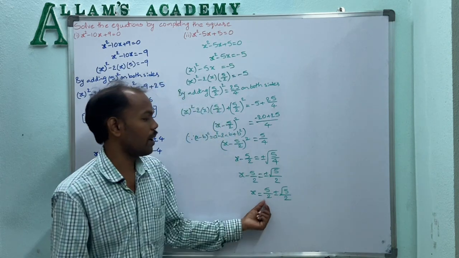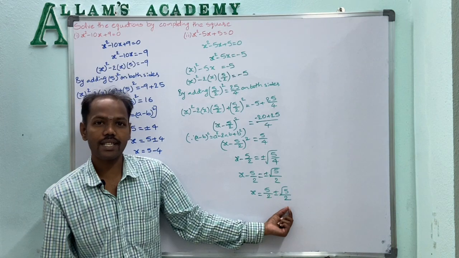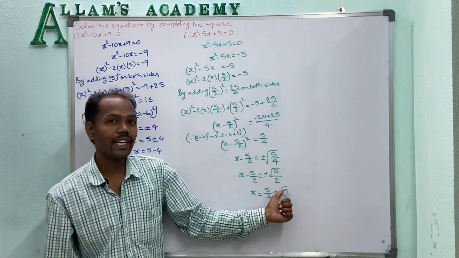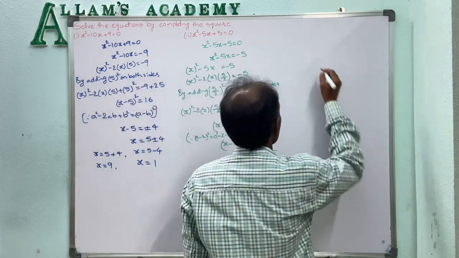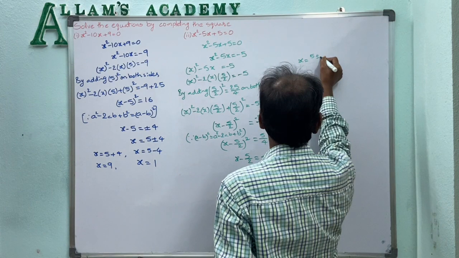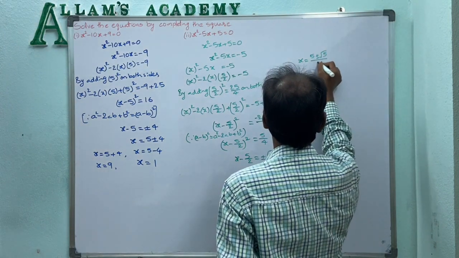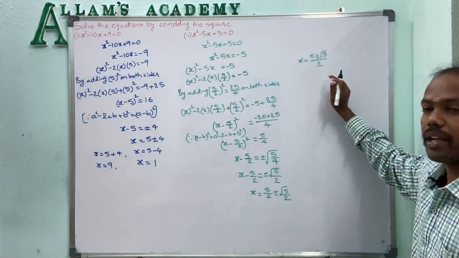Now here if we observe, both have the same denominator, that means these two fractions are like fractions. So directly add or subtract the numerators. So now x becomes 5 plus or minus root 5 by 2. That means x value may be plus root 5, otherwise minus root 5.